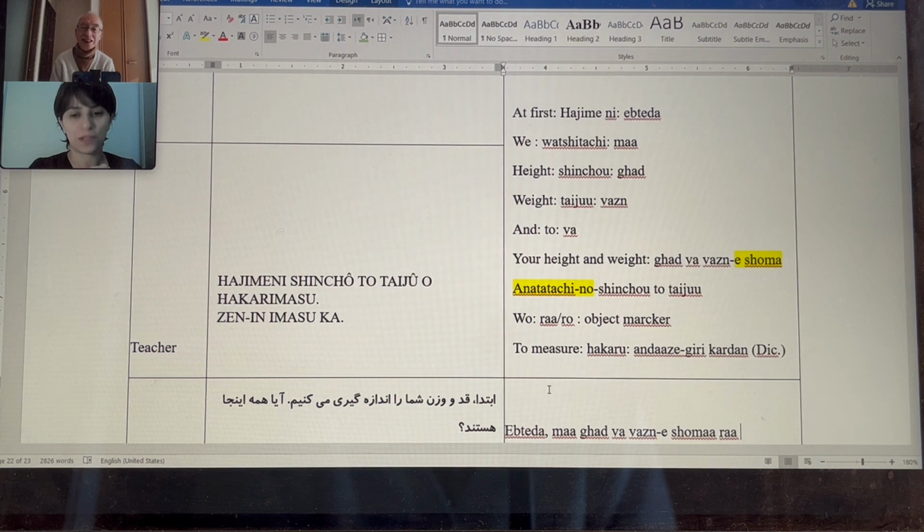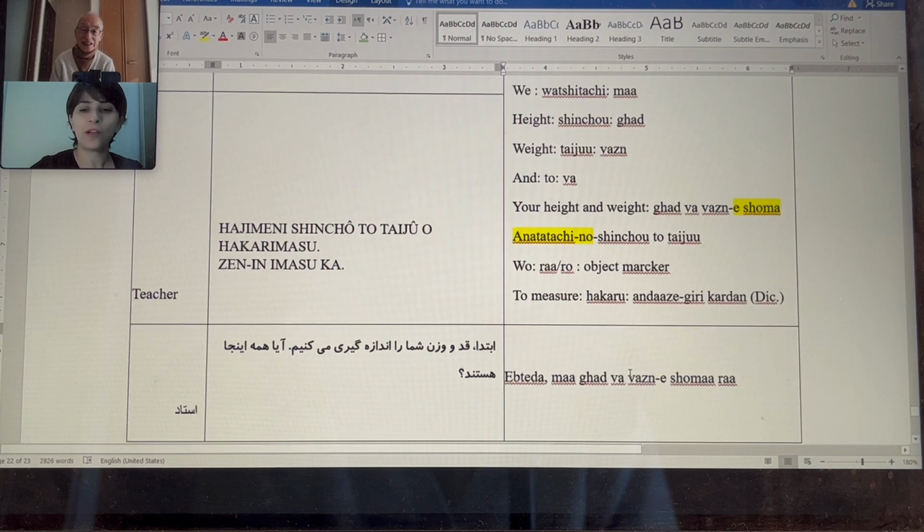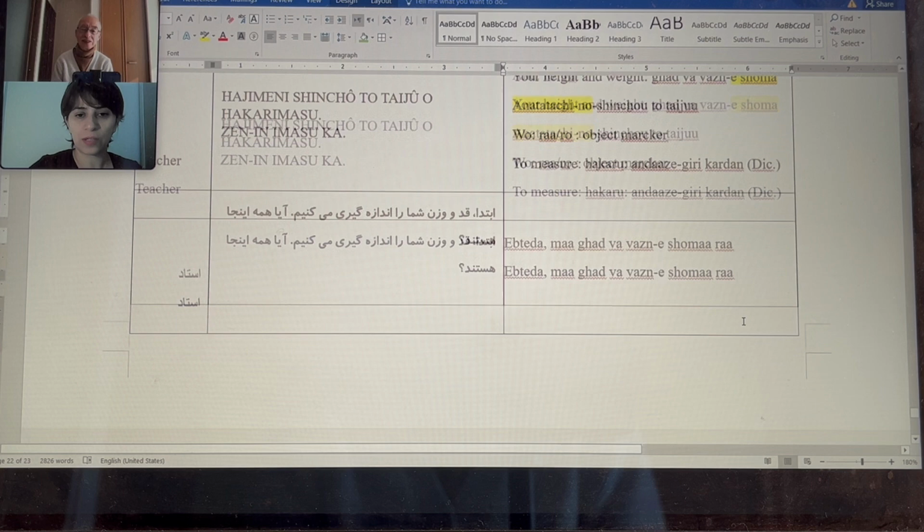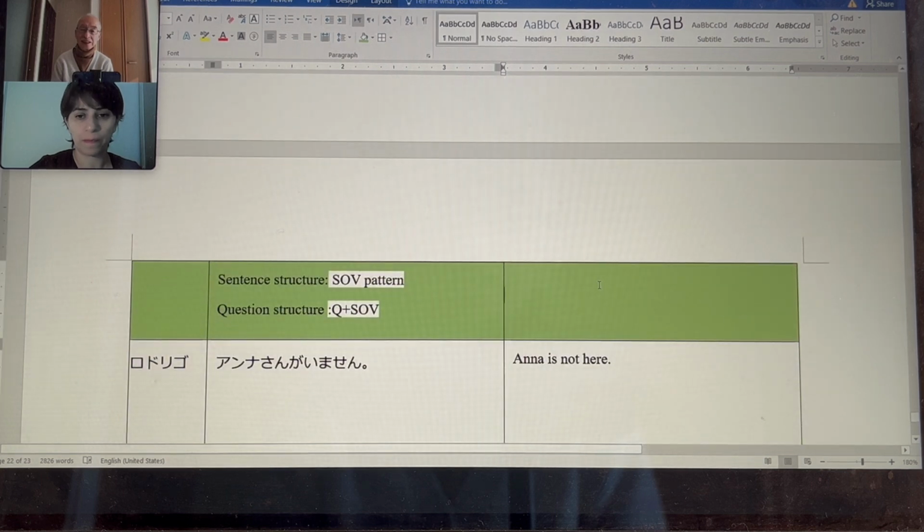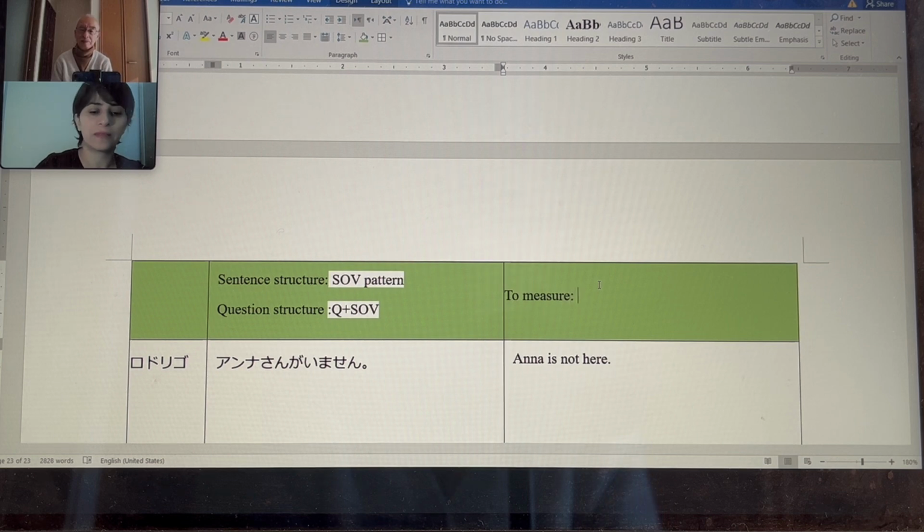Then measure. Right now you have to conjugate it for the person. Okay, let's conjugate it here: to measure, as we had it, or hakaru, and also giri kardan.